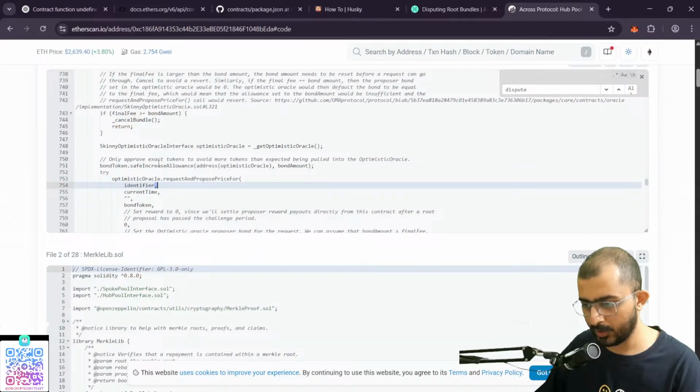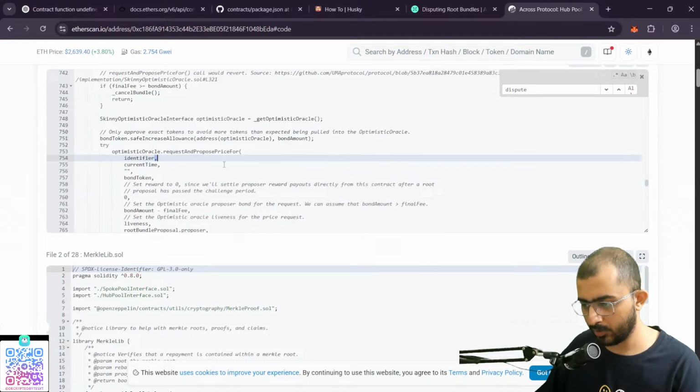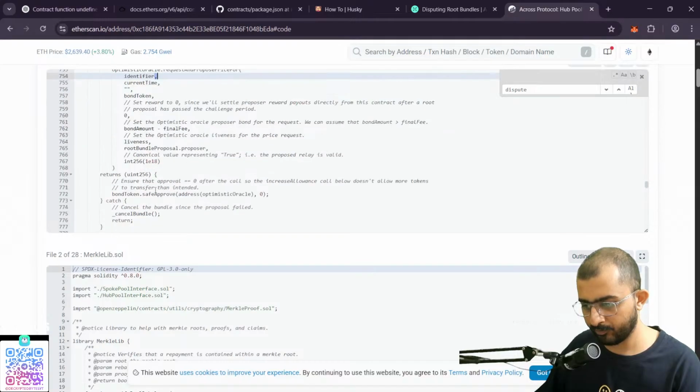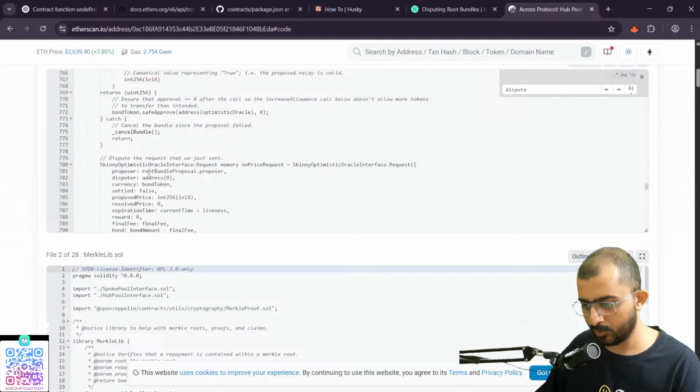Only approve the exact token amount to avoid more tokens than expected being pulled from the optimistic oracle. Bond safe transfer from here, cancel bundle.